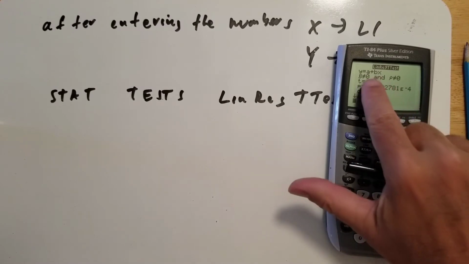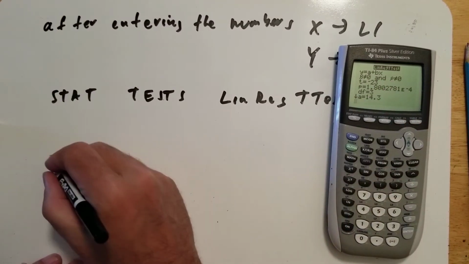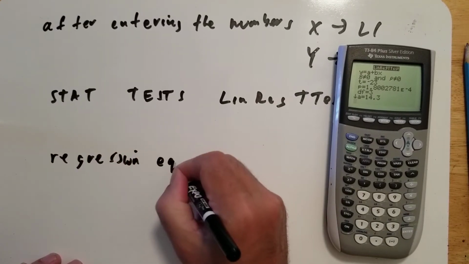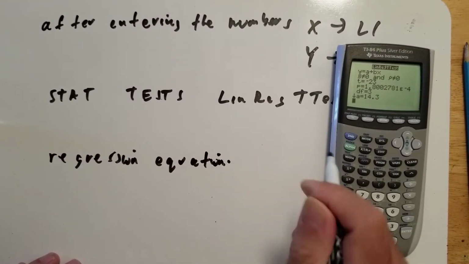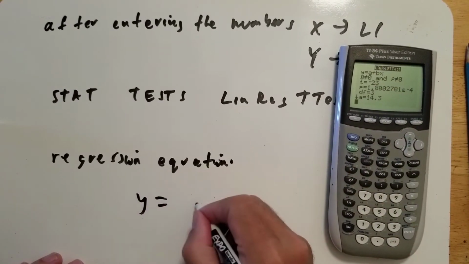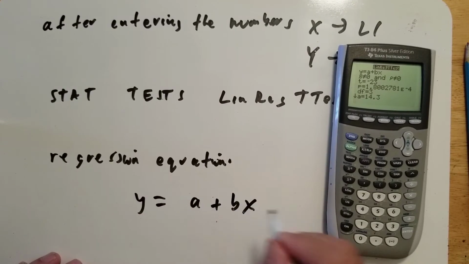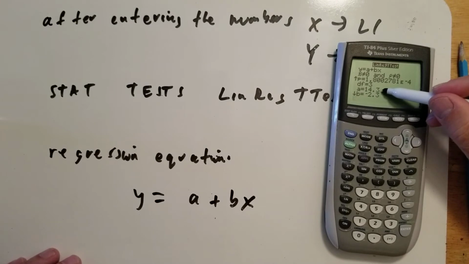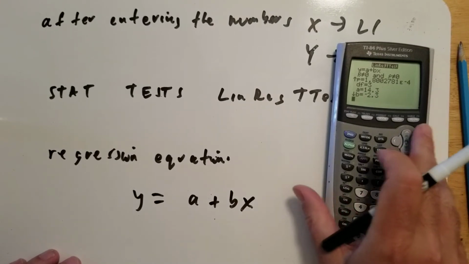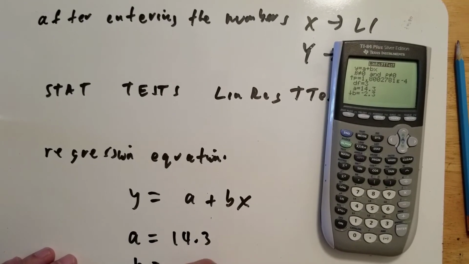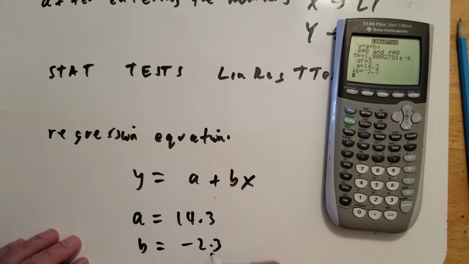see, it gives me the regression equation. The regression equation is denoted as y equals a plus bx. And it gives me the value of a and b here. So a is 14.3 and b is negative 2.3.